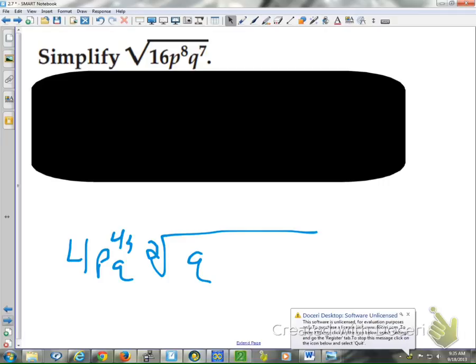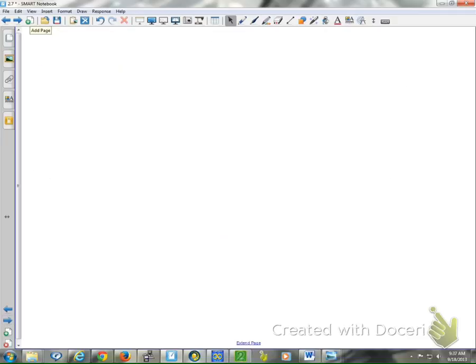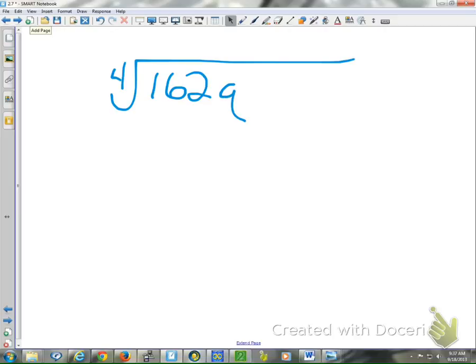Now, here we go. We're going to do a more complicated example. All right. We are now going to do the 4th root of, let's call it 162 times q to the 7th p to the 11th.